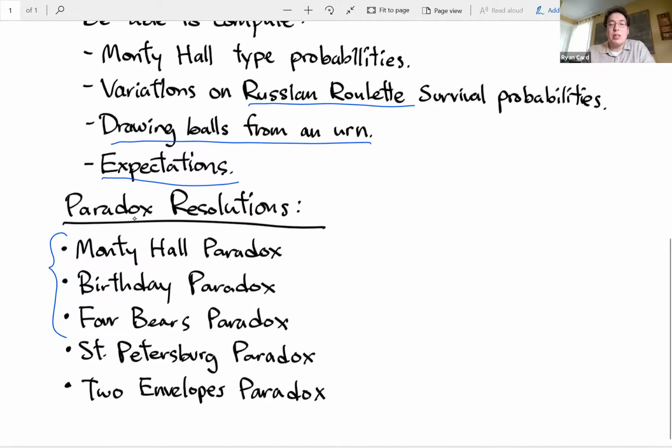If you compute it carefully, you can get a correct result, which might not have been the first thing that popped into your head. So there really isn't a paradox after all. It just seems paradoxical because we have bad intuitions about the situation.